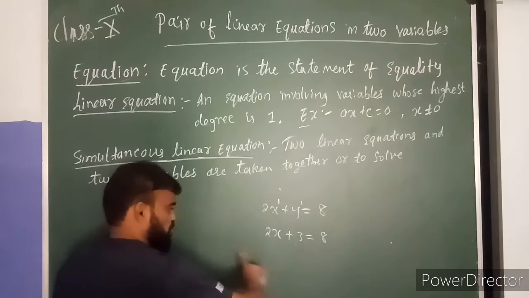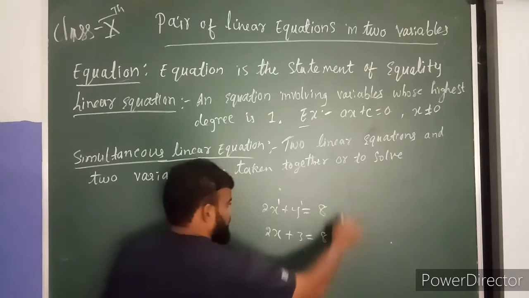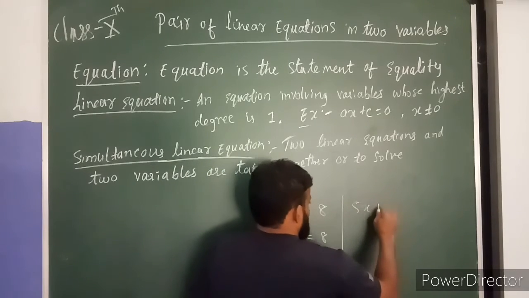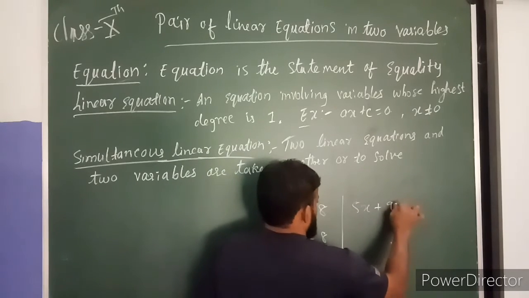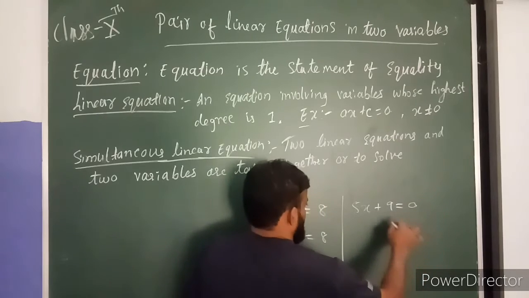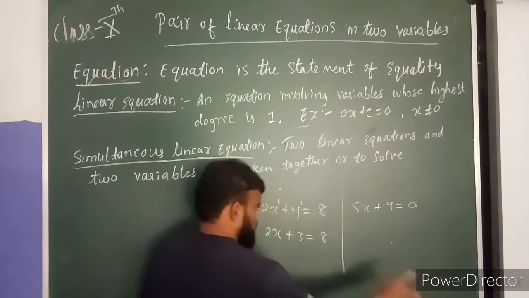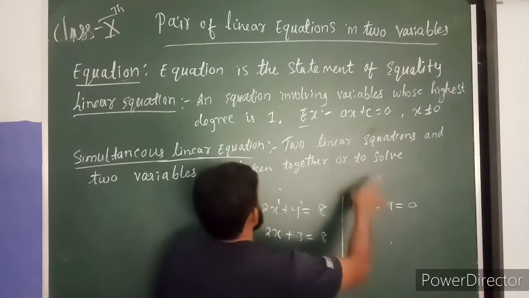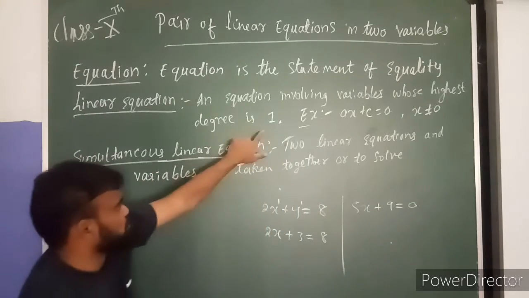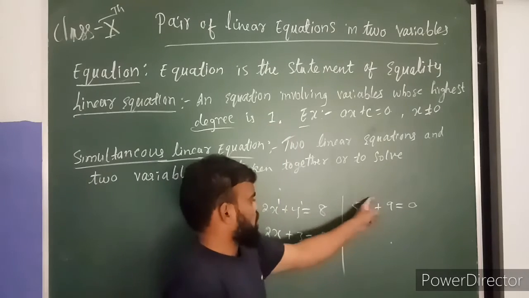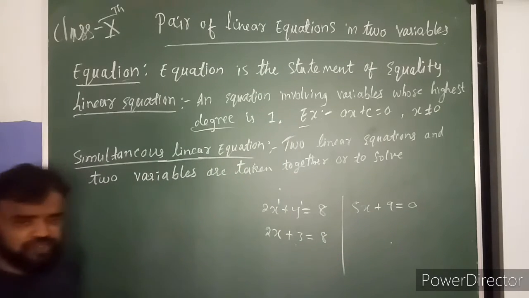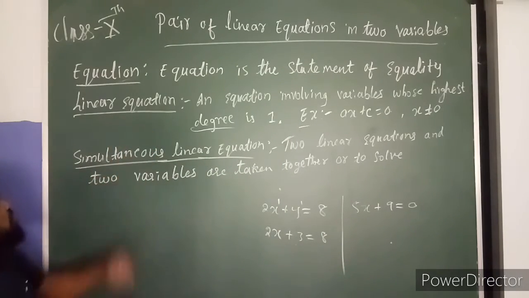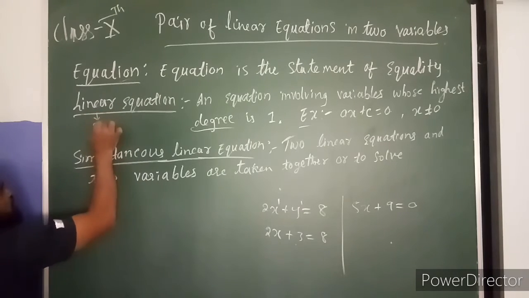This is also a linear equation, right? And 5x plus 9 is equal to 0, or we can take any variable x where the degree is 1. When the degree or power is 1, we call it a linear equation. Linear is nothing but single.